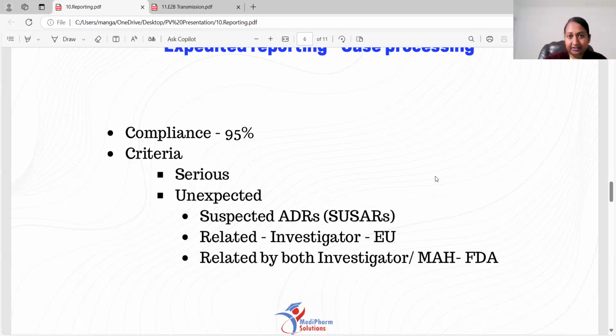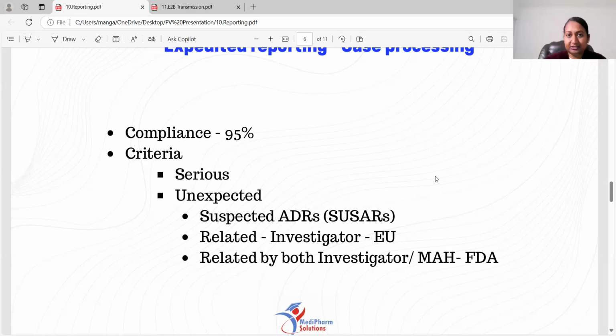But when it comes to FDA submission, the FDA required that the case is serious, it is unexpected, and both the investigator and the marketing authorization holder should agree that this is a suspected adverse drug reaction. Only then would you qualify to submit to the FDA.